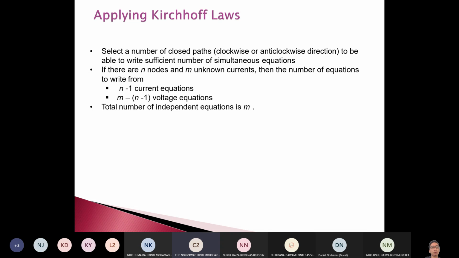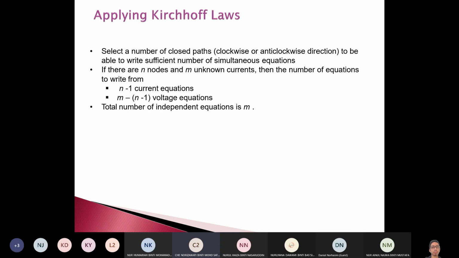If there are n nodes and m unknown currents, then the number of current equations to write is n minus 1. Let's say you have 5 nodes, so you should have 4 current equations.